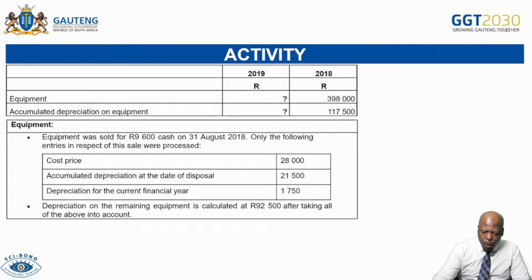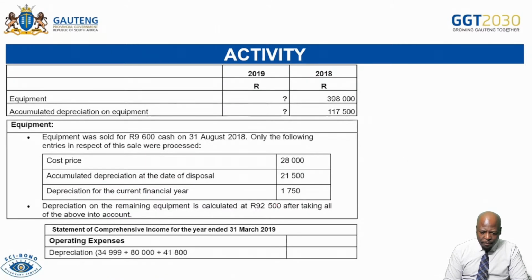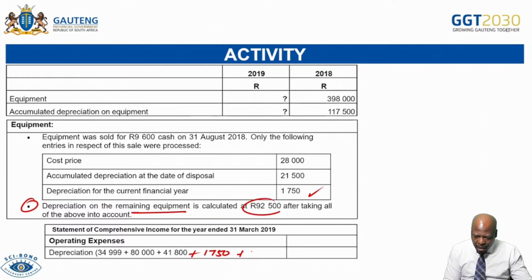Okay, so here we are going to record depreciation. So you will see that already we're given depreciation for this asset that is being disposed. So I'll come here, then I'll say plus 1,750. And we are told in the last bullet that depreciation on the remaining equipment is 92,500. So plus 92,500 as well.